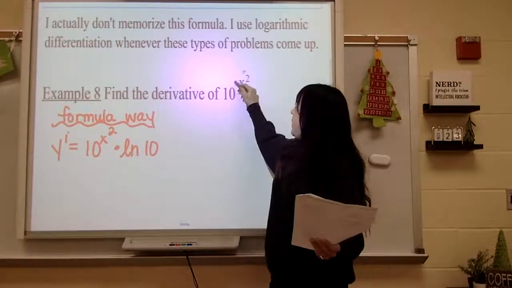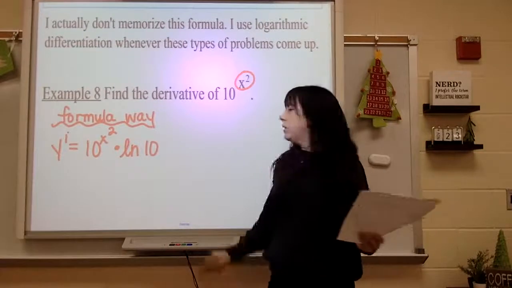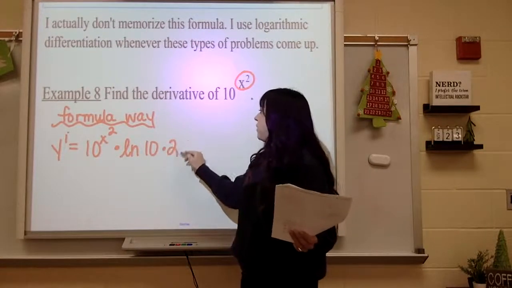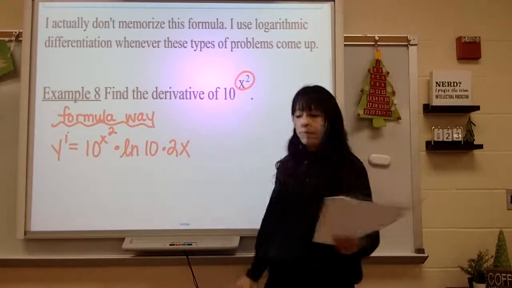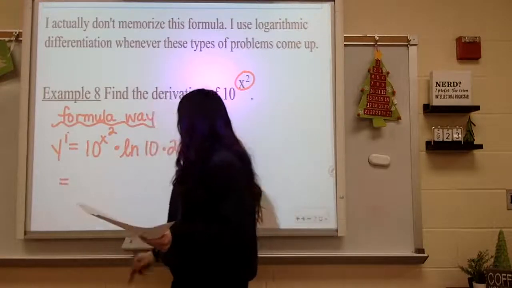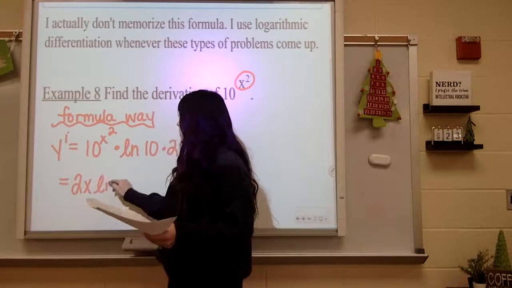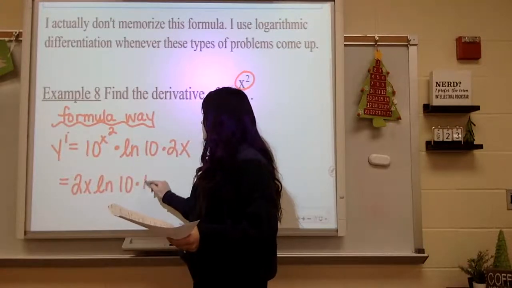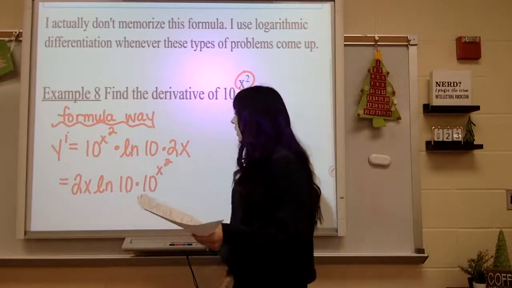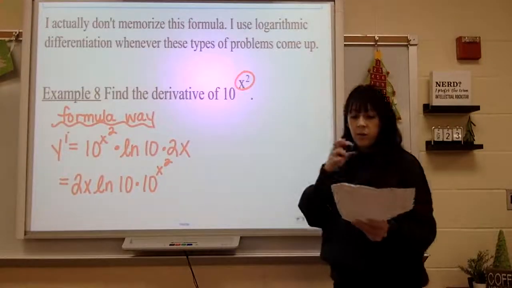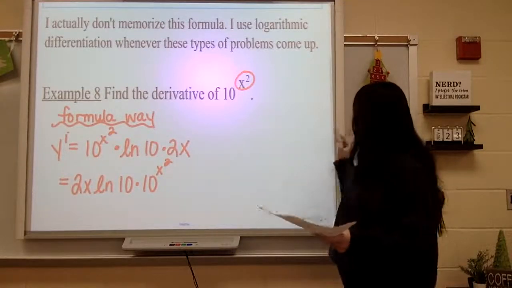This particular problem also has a baby. X squared is the baby. So you would also have to multiply by the derivative of the baby. So if we clean all this up, it would be 2x ln of 10 times 10 to the x squared power. Really odd looking, but that's it.